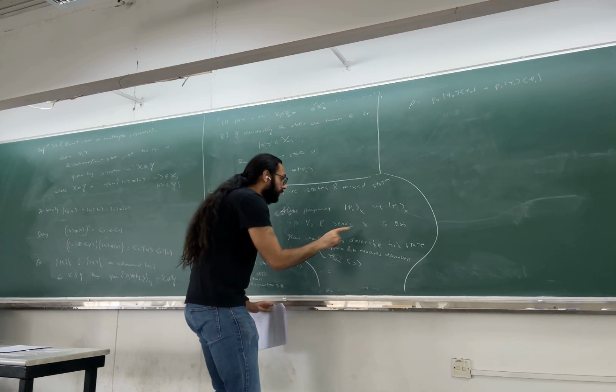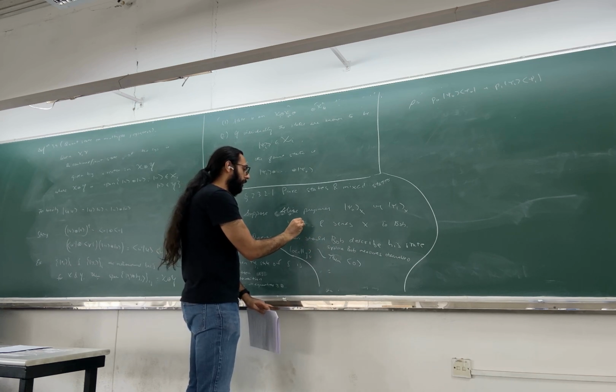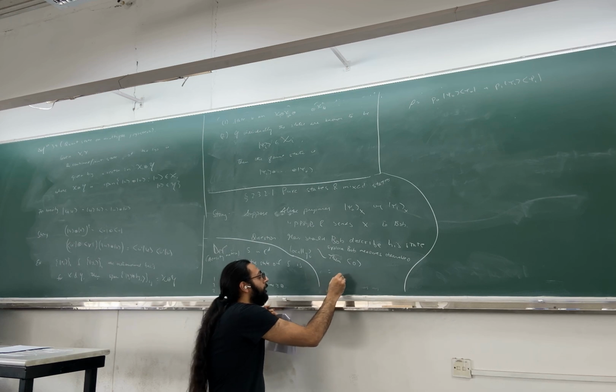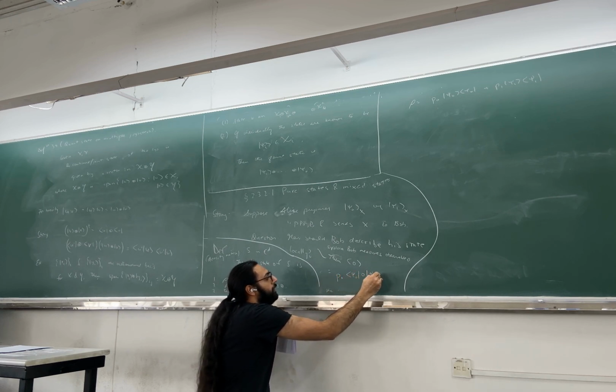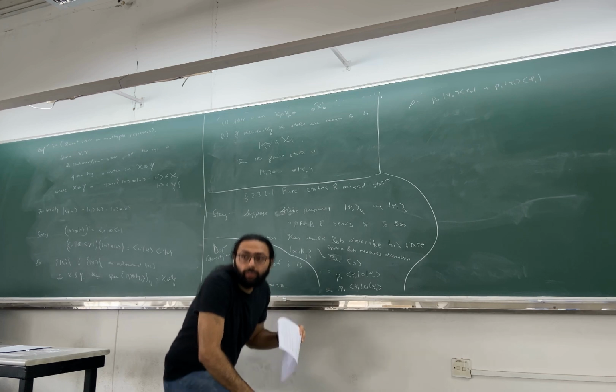So we know that with probability, instead of say probability half, let's say probability P0, P1. With probability P0, you will measure using psi 0, and with probability P1, he'll measure psi 1. This is what you get.